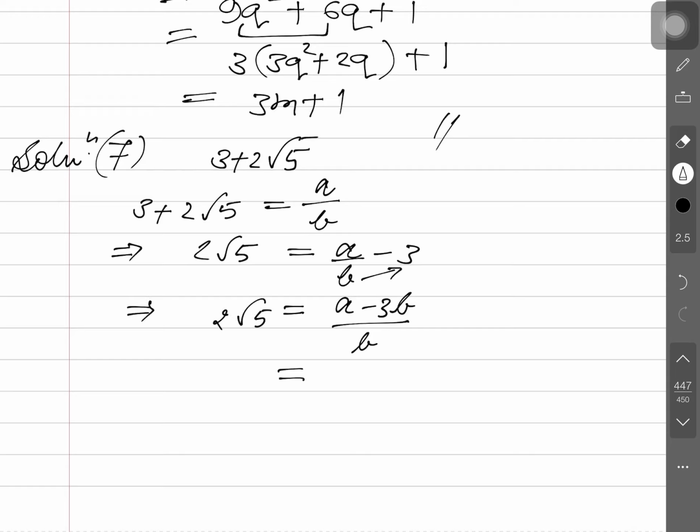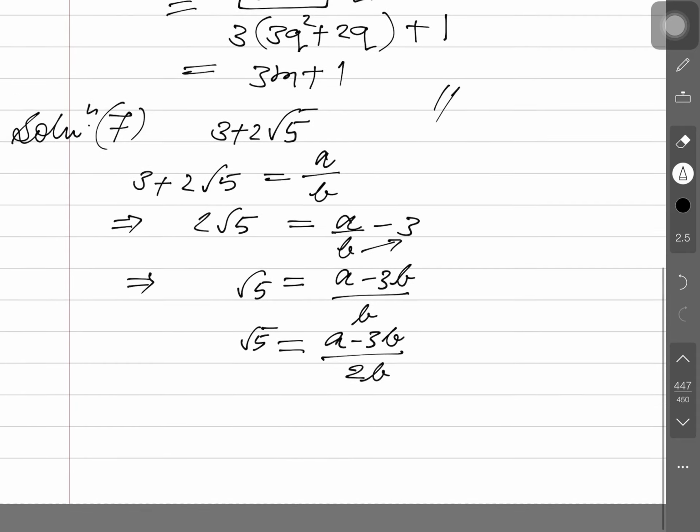Clear or not? What is it? 2 root 5, and further this 2 is to be transferred here: root 5 equals a minus 3b divided by 2b.